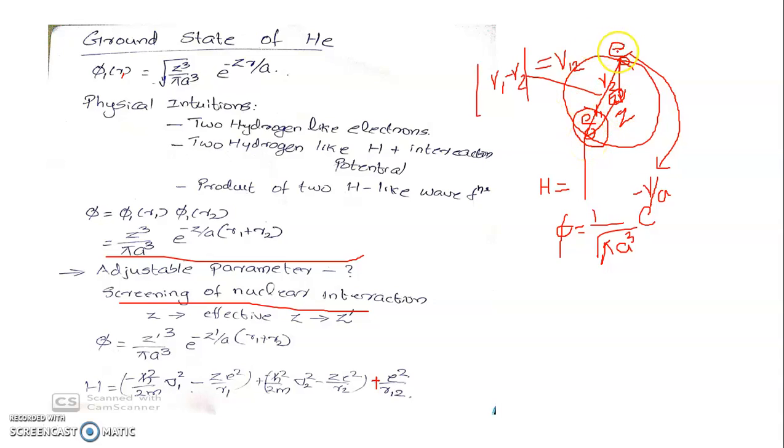However, in the presence of the second electron, or I must tell you the latter electron, the effective attraction suffered by the former electron, or any one among these two electrons, will be diminished or reduced by a certain amount. This kind of a diminishing or decrease in the effective attractive pull suffered by one of the electrons in the helium atom due to the presence of the other electron.